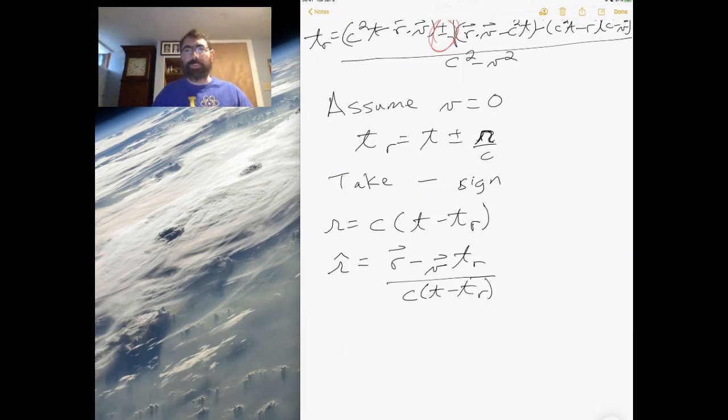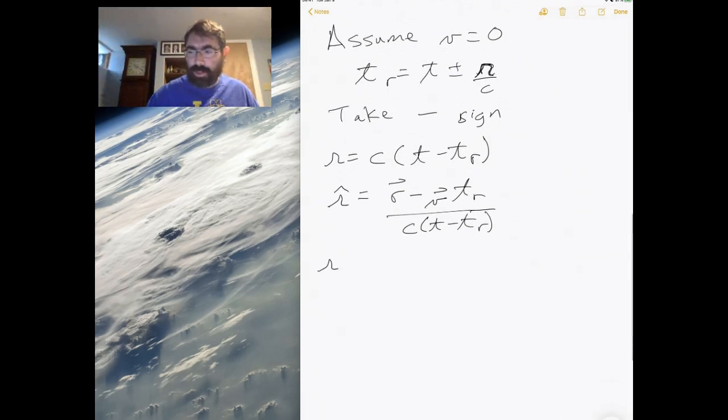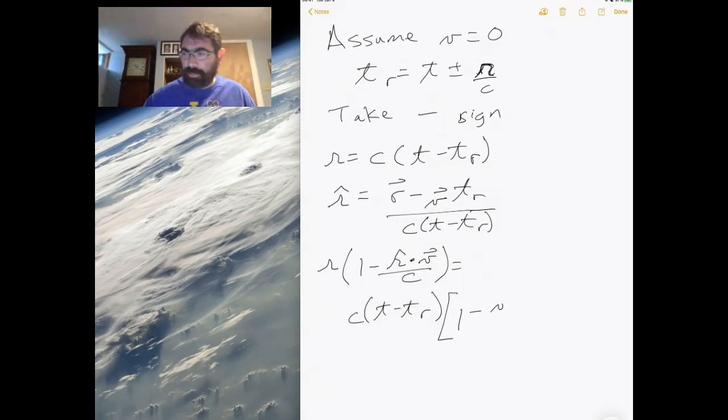So we're kind of coming at this from two different directions. And what we would get is script R times 1 minus R hat dot v over c is equal to c times t minus t_r times 1 minus v over c dotted into R minus v t_r over c times t minus t_r.